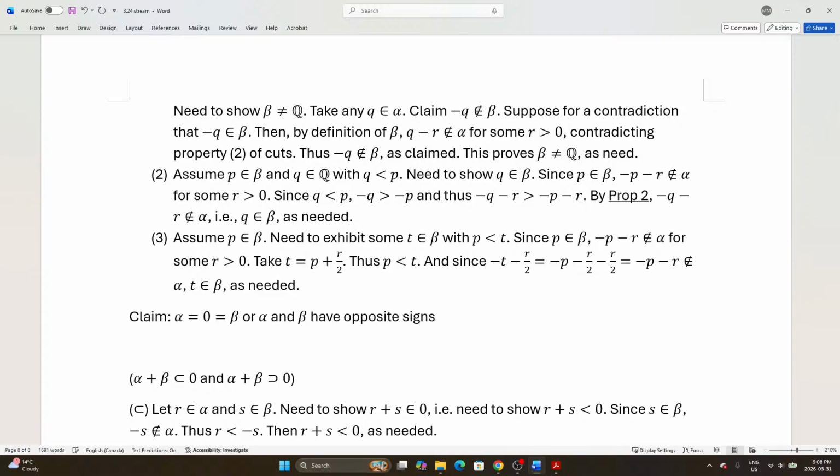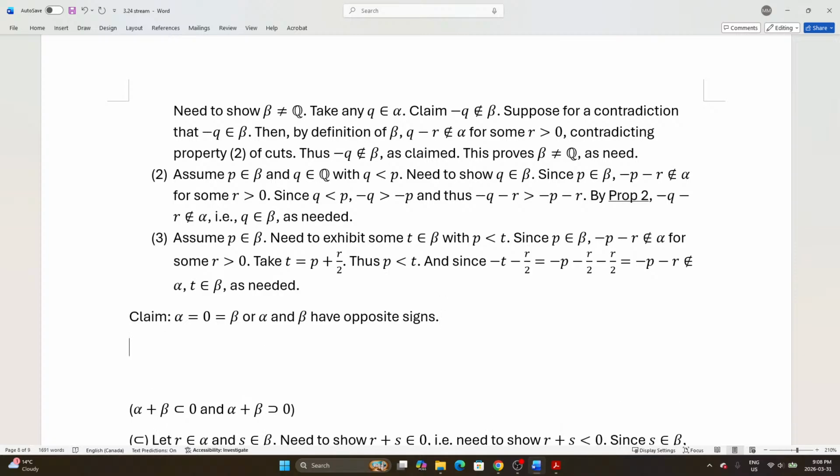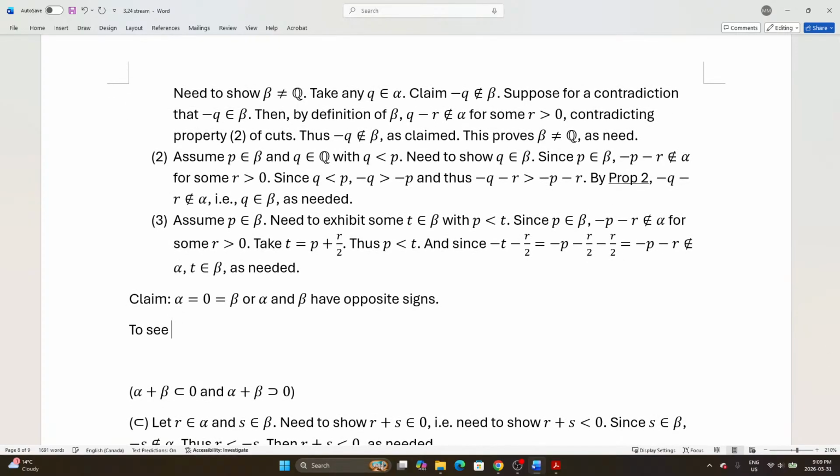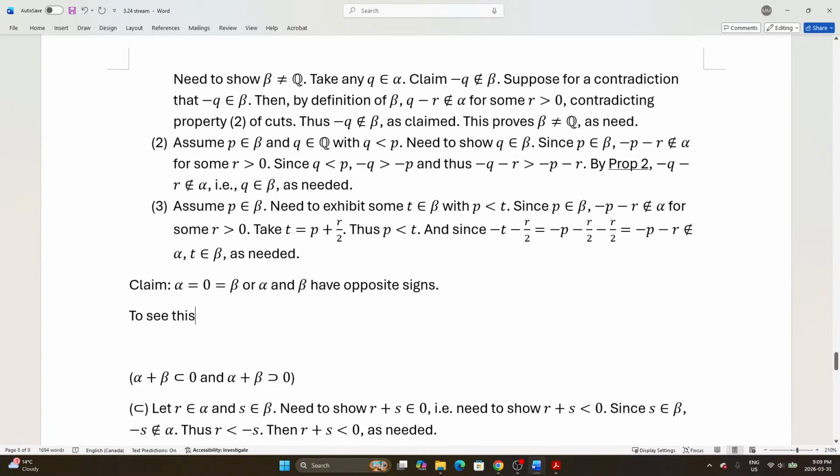We need that. So to see this, let's consider two cases. Actually, we need to consider three cases.